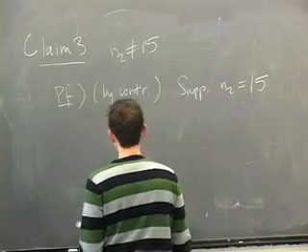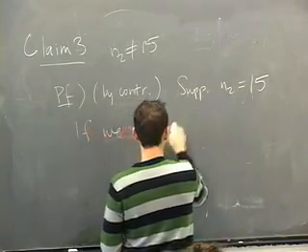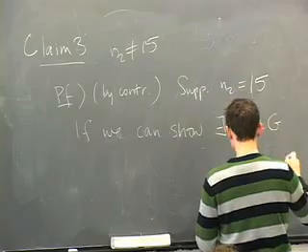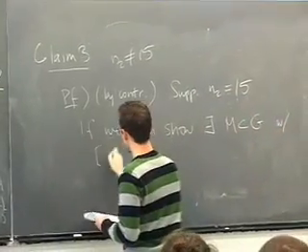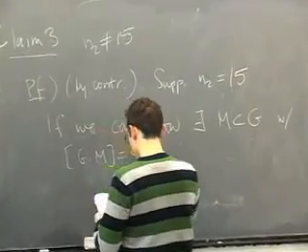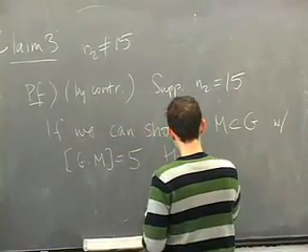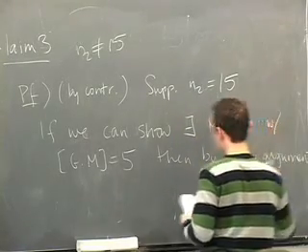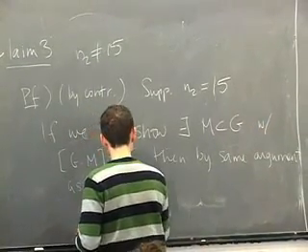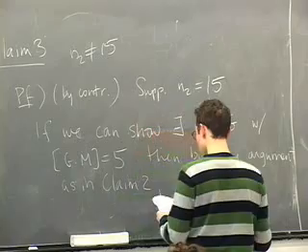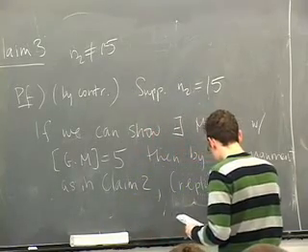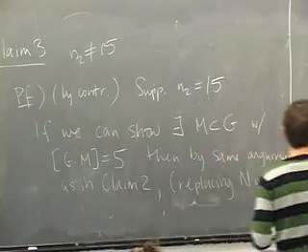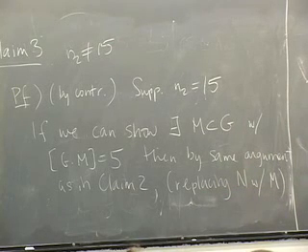Here's a way of putting it: if we can show there exists a subgroup M of G with index equal to 5, then by the same argument as in claim 2, replacing N with M, you can show that G must be isomorphic to A5.